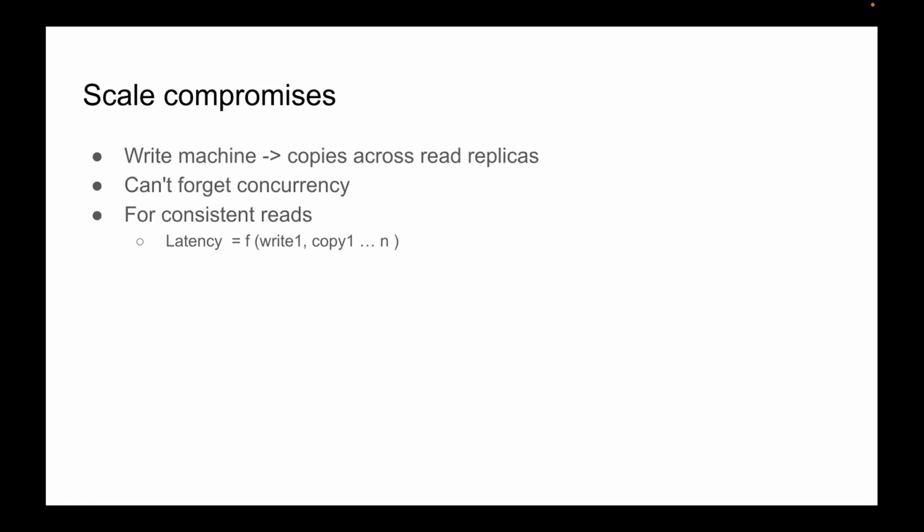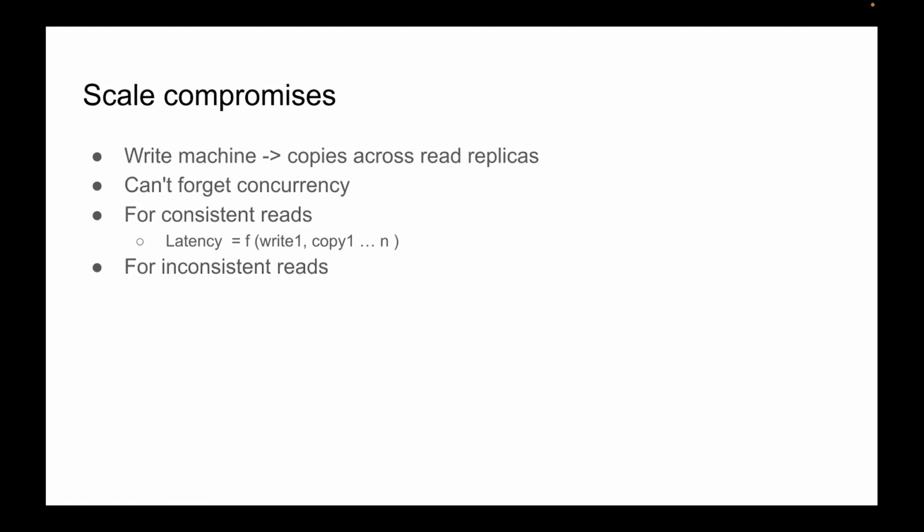So if I write a record and then I immediately send an acknowledgement that this record is written, and forget about it, saying I'll take care of the copying later, I will end up with inconsistent reads, like how we saw in the previous slides. So if I need consistent reads, I will have enormous latency, because my latency is now a function of waiting for all the copies to be successful. Only then can the acknowledgement go back, right?